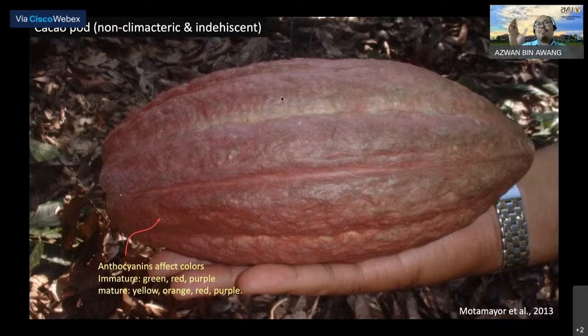So you have to pluck or harvest manually from the trees.